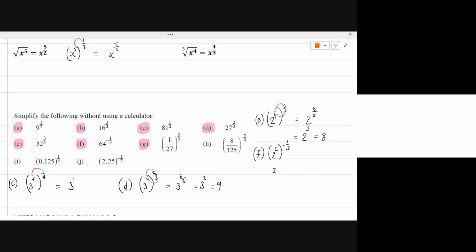Now, this is going to give me 2 to the power of, if I change this into 6 over 1, I can do that. I'm going to get 6 times -1 and 1 times 3. So on the top, I'm going to get -6 over 3. So my answer will be 2 to the power of -2, which is technically actually 1 over 2 squared, and that is 1 over 4.